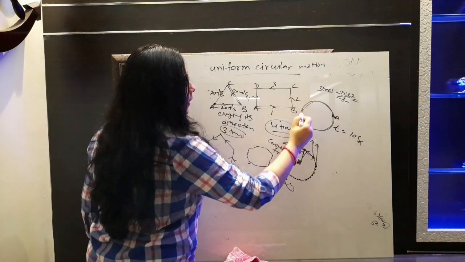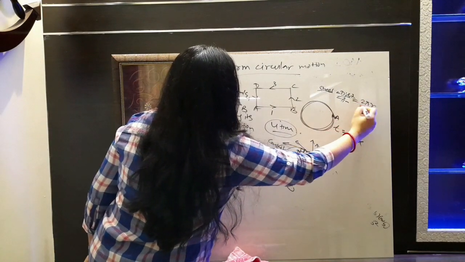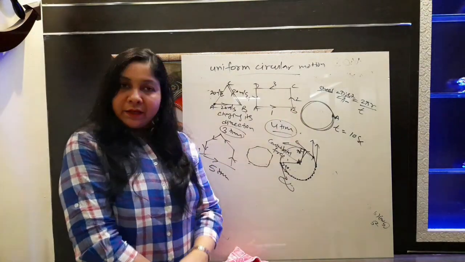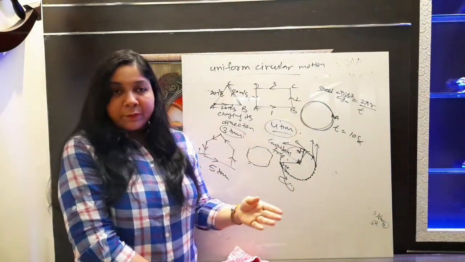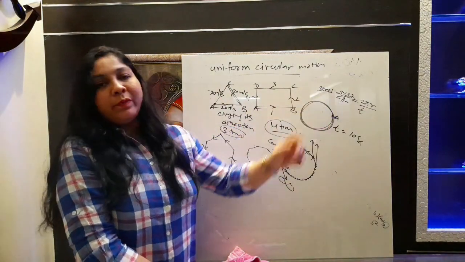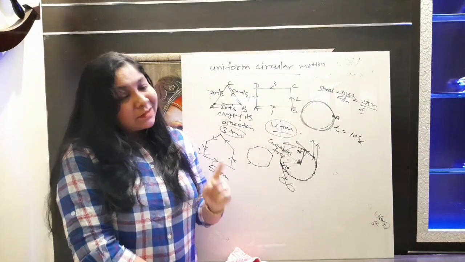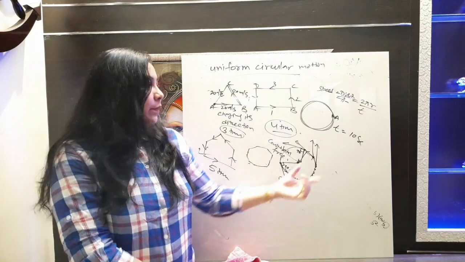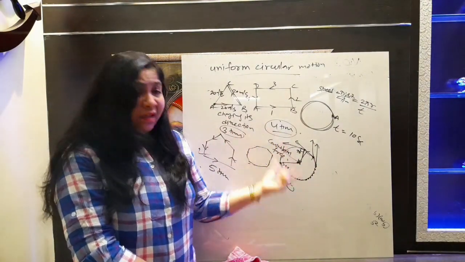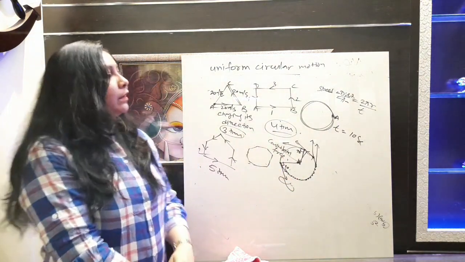If it starts from A and reaches point A only, the distance will be the circumference of the circle, that is 2 pi r. So speed is 2 pi r by t, right? If the body is moving in a circular path, you can find the speed of that body by using this formula, 2 pi r by t. And here velocity is not constant because the direction is continuously changing. Magnitude is the same here, that is 20-30 meter per second, whatever we have, but direction is changing, so the velocity is not constant. Got it?